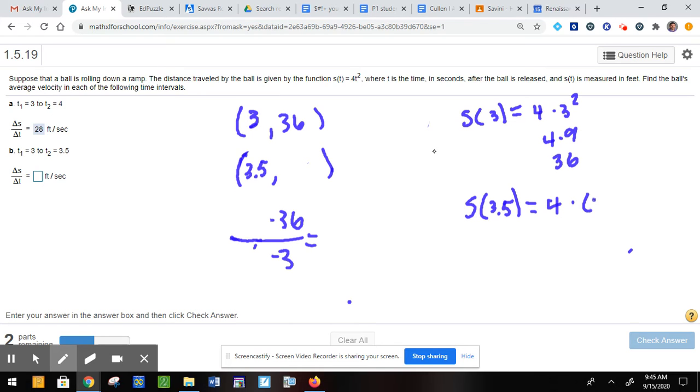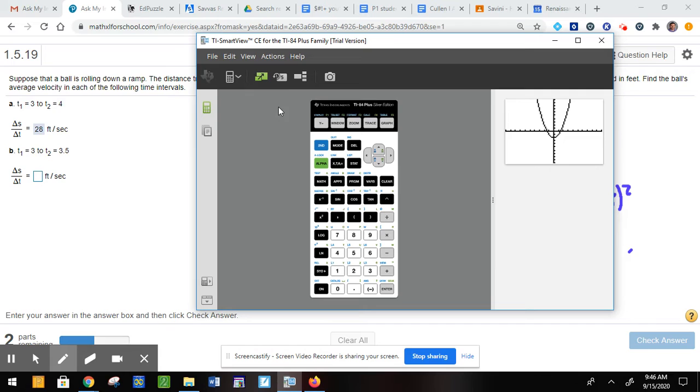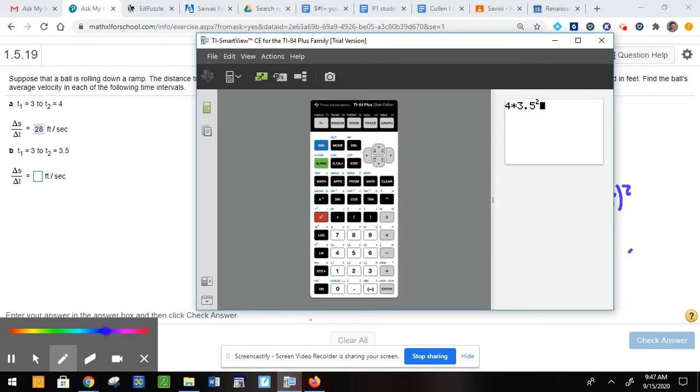So it's 4 times 3.5 squared. I'm not going to do that in my head, so I'm going to pull up the calculator and figure out what that is equal to. So 4 times 3.5 squared, and I get 49.